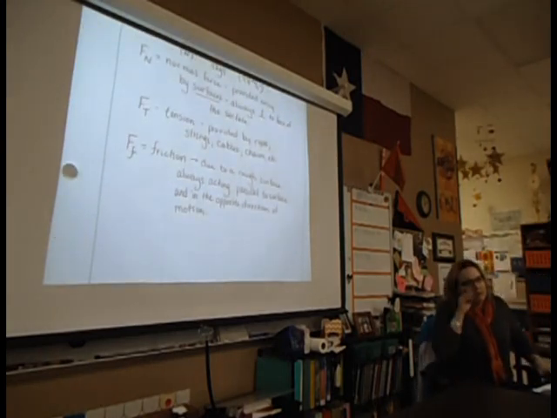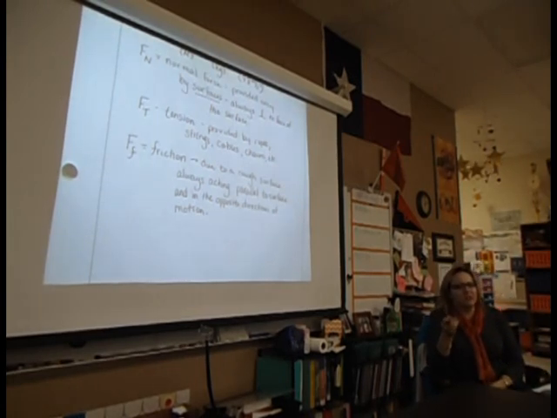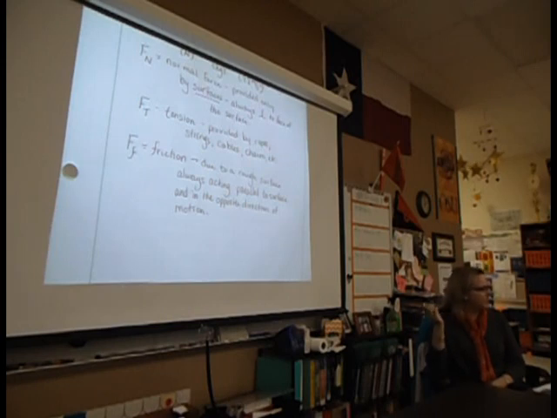Okay? Now, there are different types of friction. If you are falling and you have air resistance or air drag, that's going to be a type of friction. Okay? We will treat it as friction.